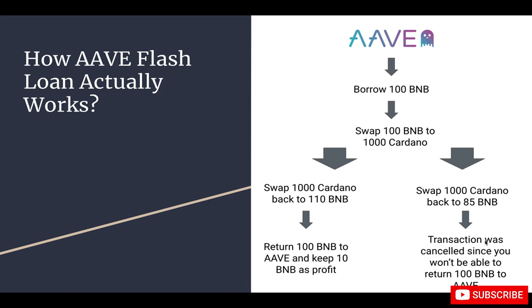But in this case, since you only got 85 BNB from your previous transactions, you're not able to return 100 BNB back to Aave. So Aave simply cancels the transaction automatically. And remember, all these three transactions happen at once, within the same Solidity smart contract, and that's how the transaction failed in Aave, where you're not able to return it back, right?